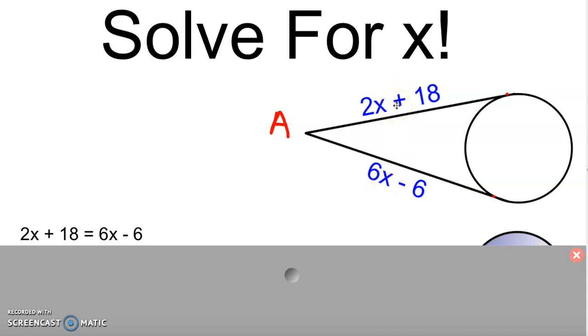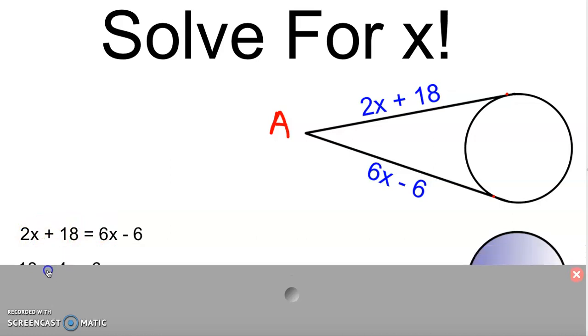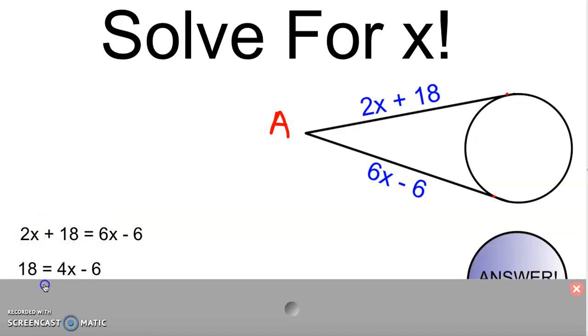So this length is equal to that length, right? So I'm left with this equation here, okay? So I can subtract 2x from both sides, so I can move the 2x over to this side. If I subtract 2x from both sides, that's going to leave me with 18 equals 4x minus 6. So all I did was just subtract 2x from either side.